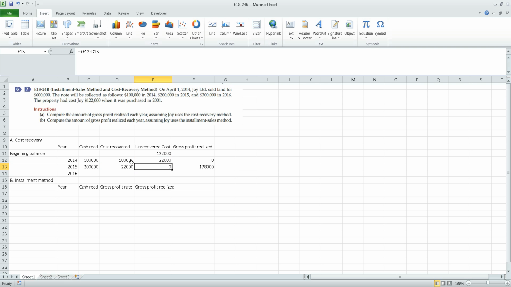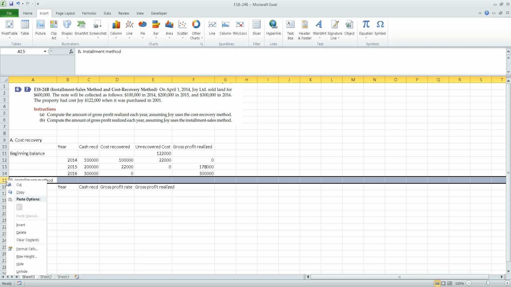So the remaining unrecovered cost is $0. And then in year 3 we collect $300,000. None of that is deemed to be a part of cost recovery because we've already recovered the full cost of $122,000 in cash collections. So the full $300,000 is going to be recognized as gross profit.